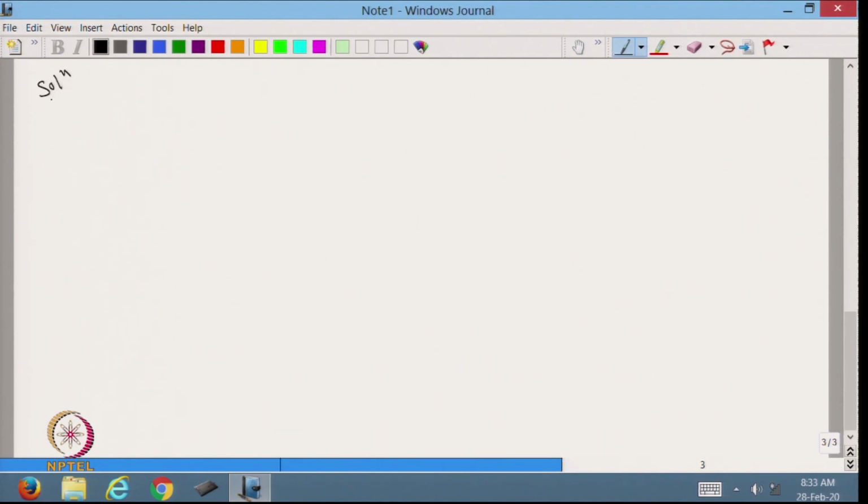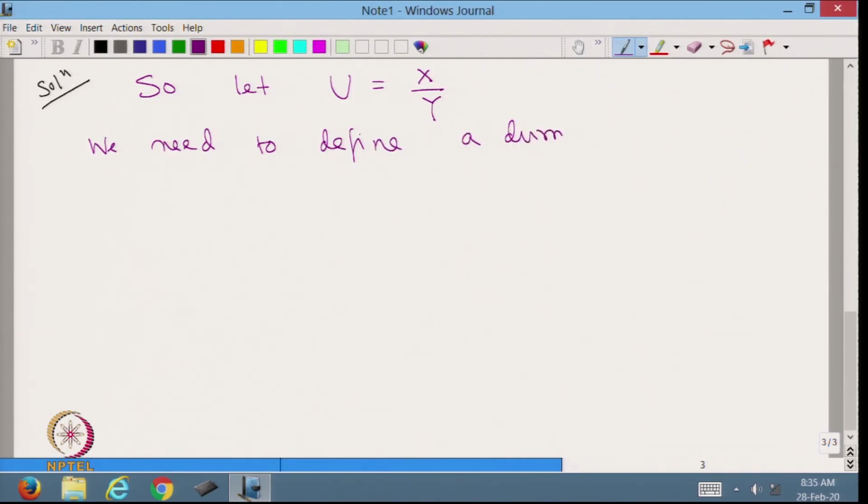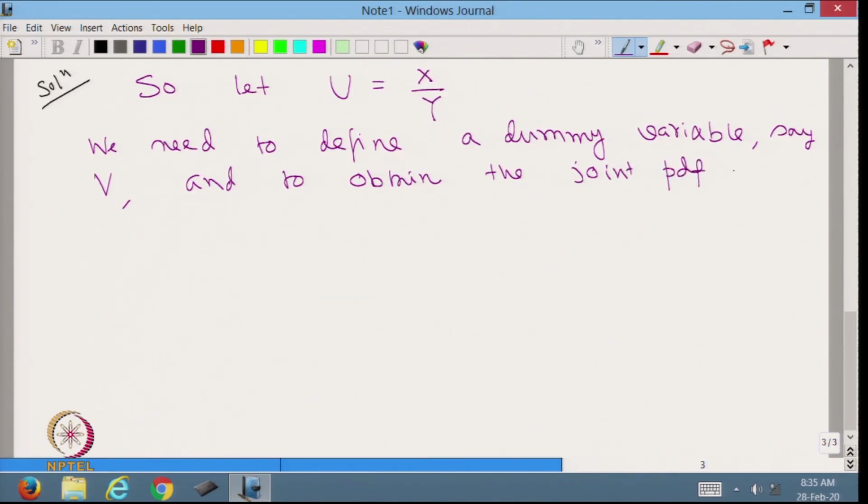So, solution. Let u is equal to x by y. We need to define a dummy variable, say v, to obtain the joint PDF of u and v.